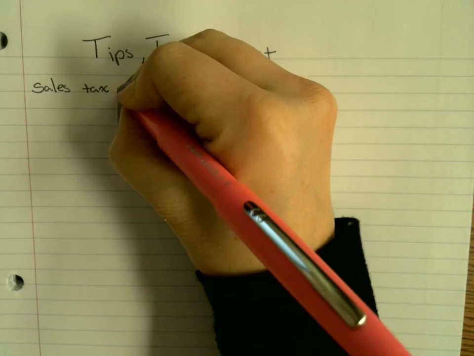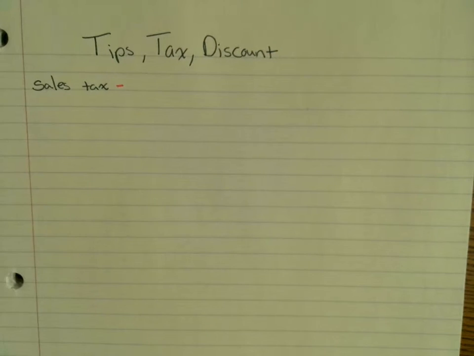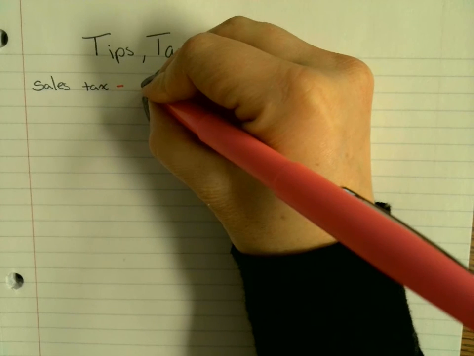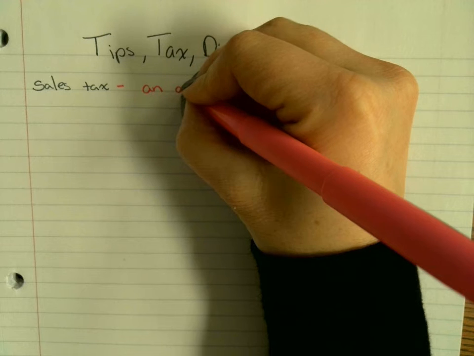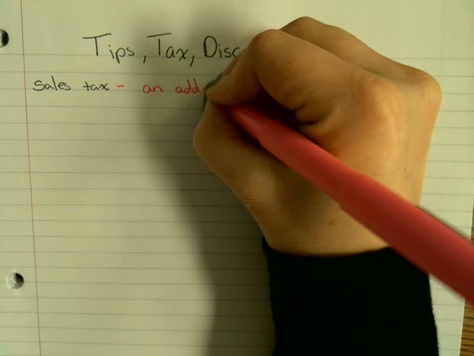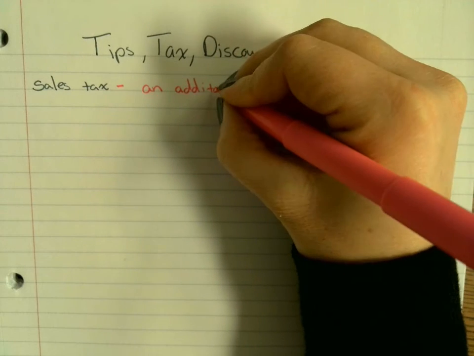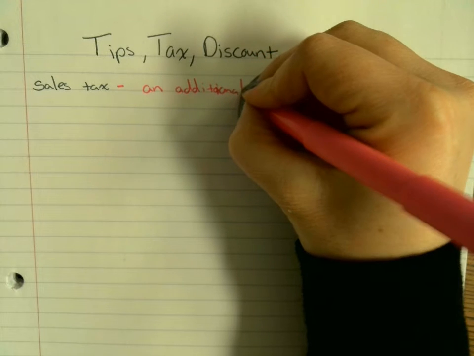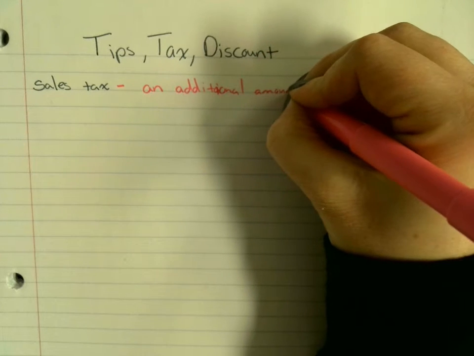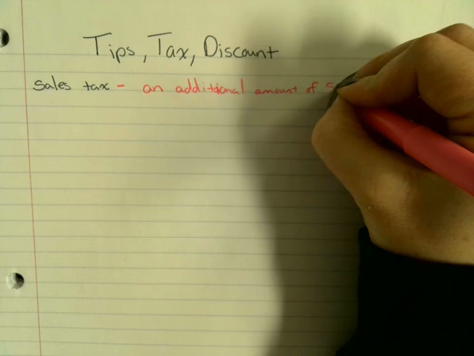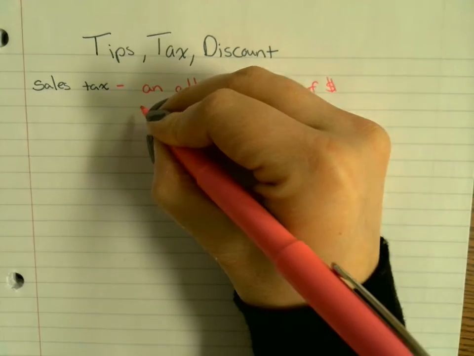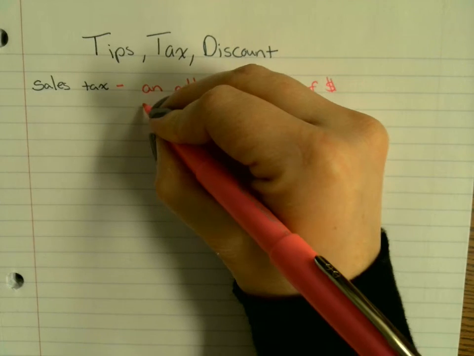So you would be paying based off of where you live or where you are purchasing the items or where you're shopping at. So basically, your sales tax is just an additional amount of money. It's just an additional amount of money that is charged on items that you are buying.